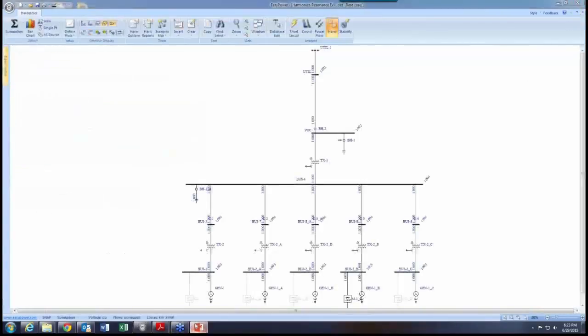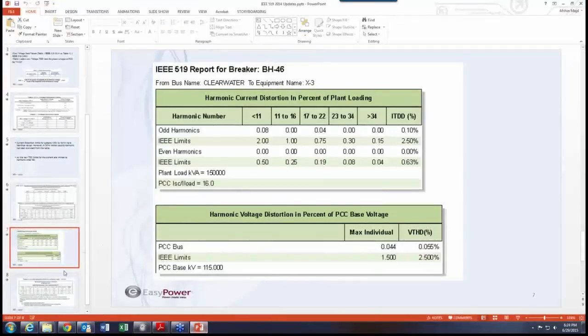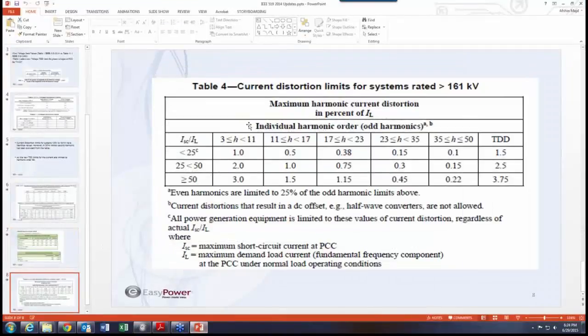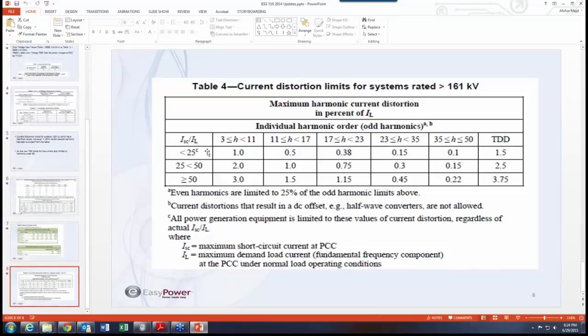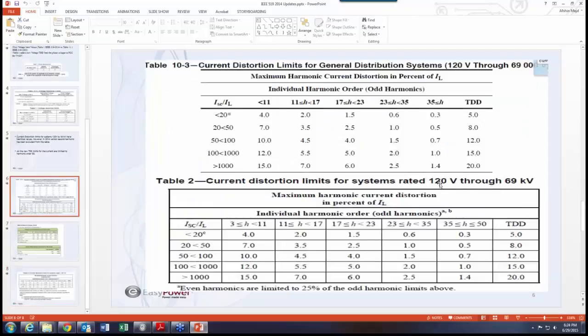I go back to our presentation, and table 4, current distortion limits for systems rated higher than 161 kV. What it says is that this is from IEEE distortion limits for 120 volt and 69, so it goes all the way to 69.